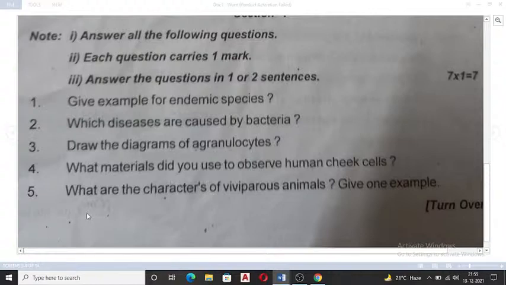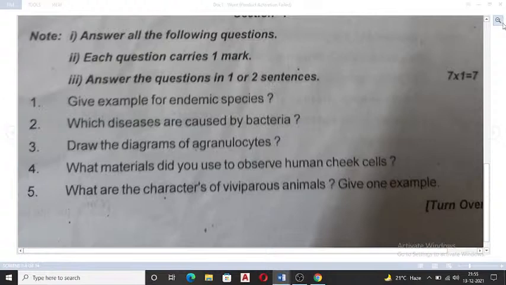Then you have the next question. What are the characters of viviparous animals? Give an example. As this is your question paper from 2 years back, this chapter has been, not omitted but not included in your SA-1 portion, whereas the teaching part we have done and we have given this for you in your FA work.